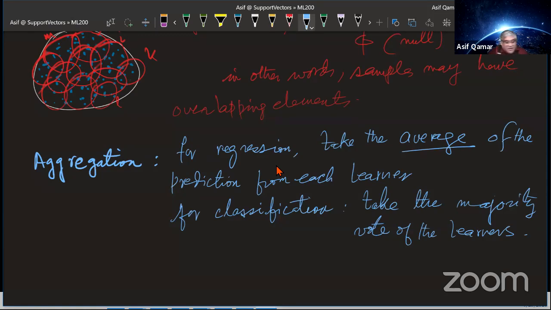If the learners are little children that you have taken to the meadow, you look at an animal and you ask each child, is it a cow or a duck? And now look for the majority answer, right? And let us hope that you took an odd number of children, so you always get a clear majority.